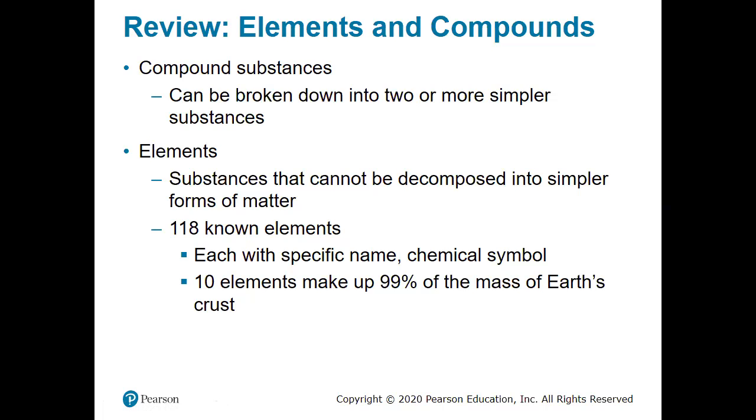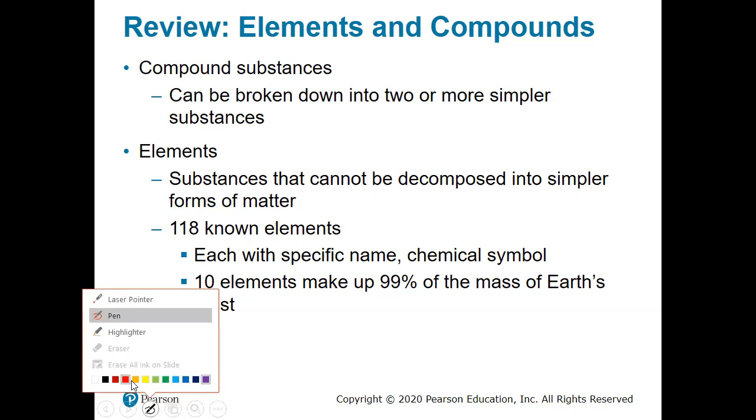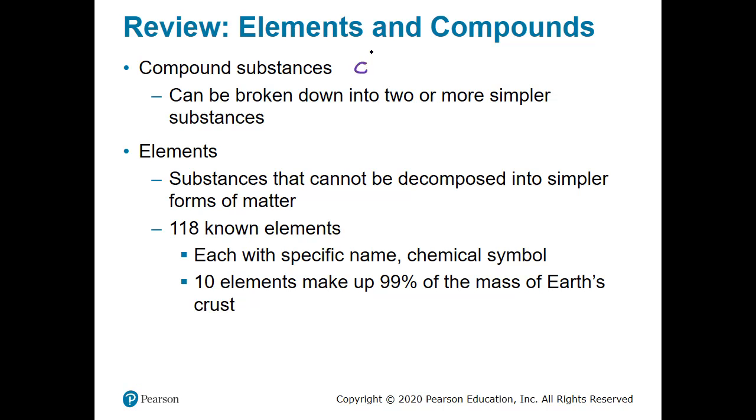Now, when it comes to pure substances, we understand that there are two different types of pure substances. There's the pure substance that is a compound. Compounds are chemical combinations of elements, but in a fixed ratio of one element to the other.